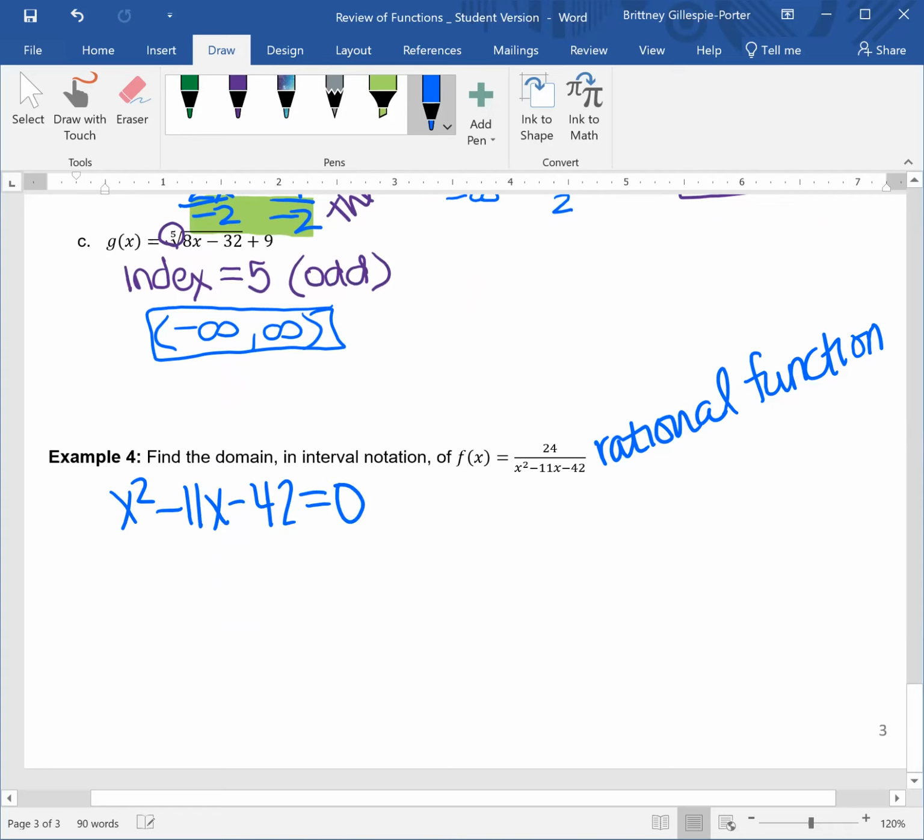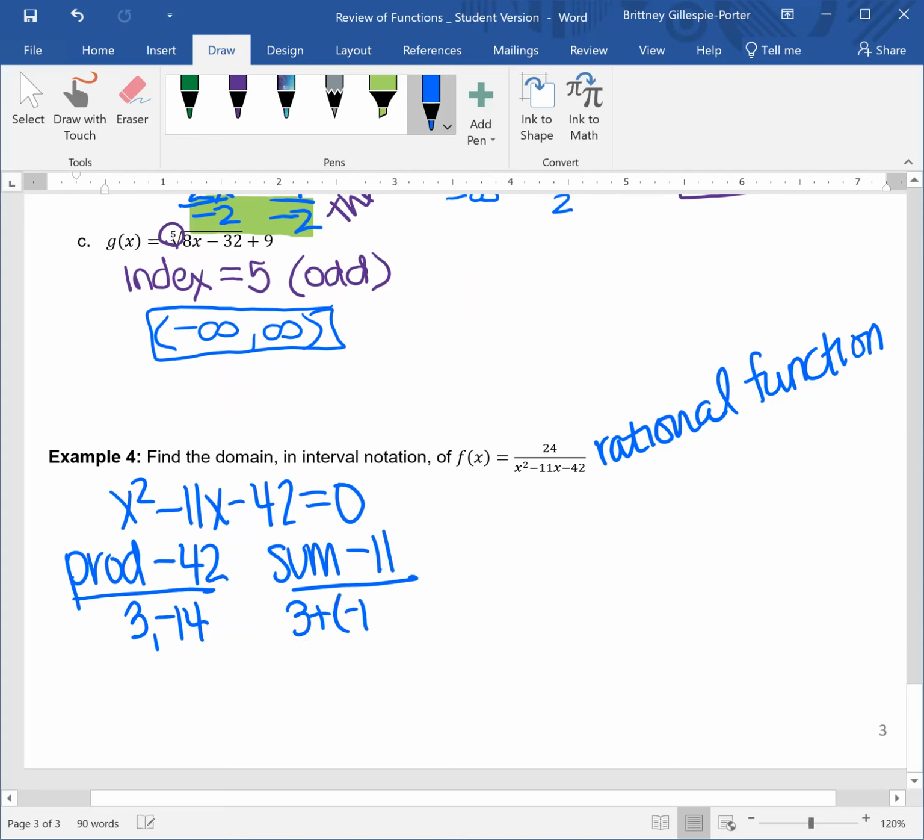Because they're not asking you to simplify, you could use the quadratic formula here, but this guy also factors. You'd be looking for a product of negative 42 and a sum of negative 11, which means that we would need 3 and negative 14, because 3 plus negative 14 gets us to negative 11.